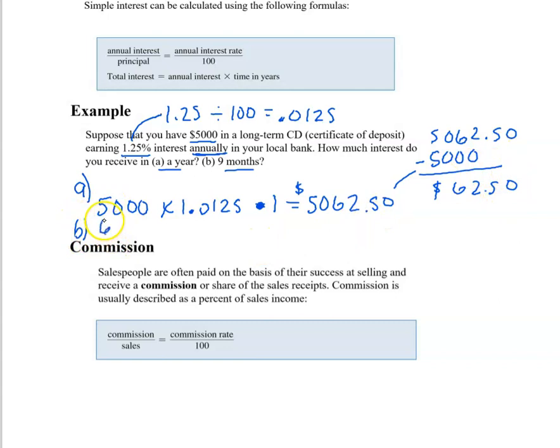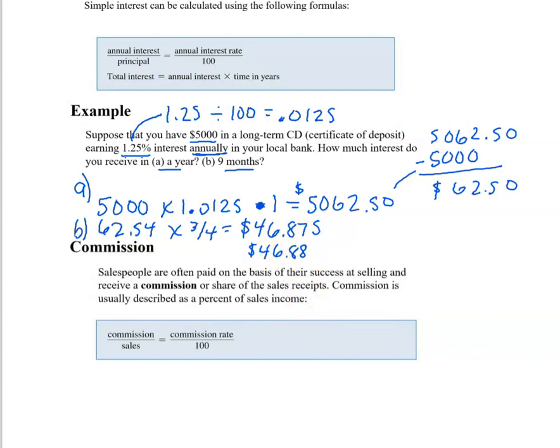Well, to know what we would get in 9 months, we would need to multiply that by 3/4. So I'm going to take my $62.50 times 3/4, and that's going to get me 46.875. Remember that we can only have 2 decimal places. We're talking about money, so we're going to round up.